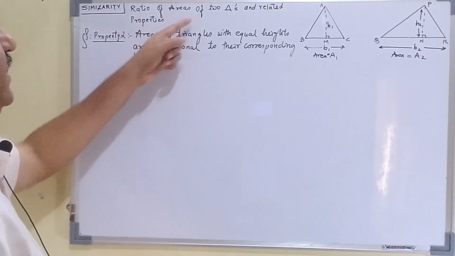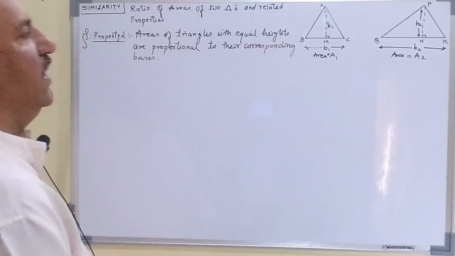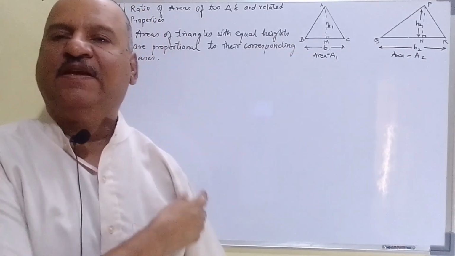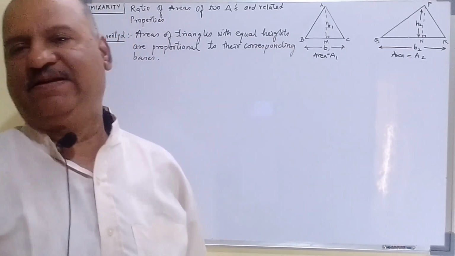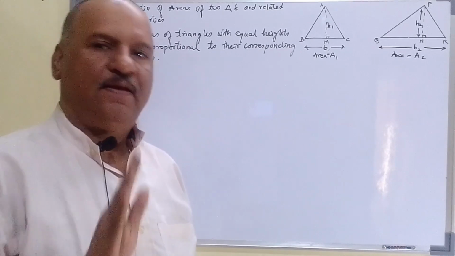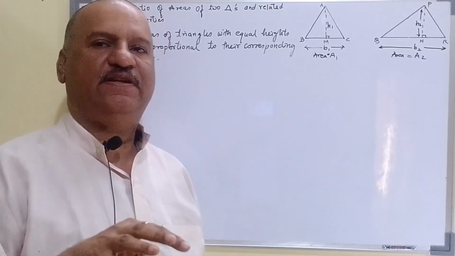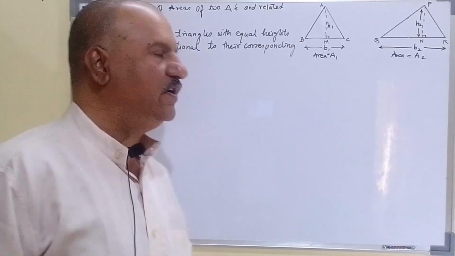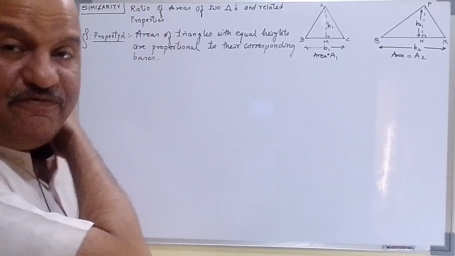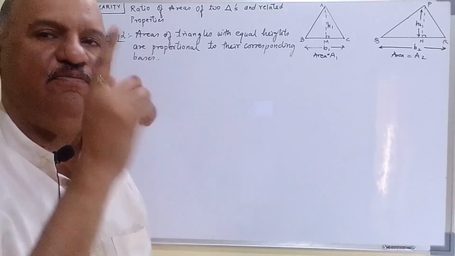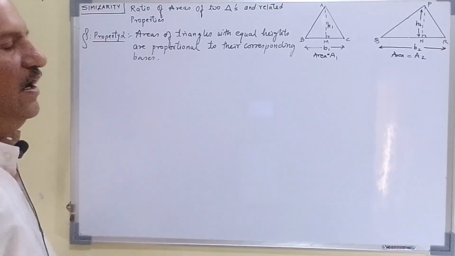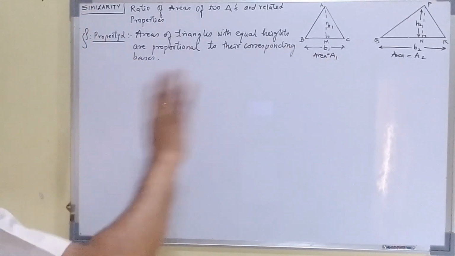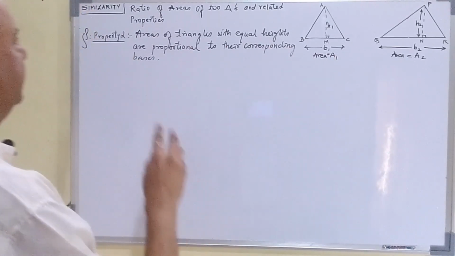Under this heading, please see these two triangles. They are not similar. I told you I am not going to teach you similarity at present. Even though we are in a similarity lesson, we are not directly going into similarity. We are understanding the ratios of the triangles and then we will use it in the theorem to prove similarity, and then we will enter into the similarity concept. When I get there, I will explain that. First of all, understand all the properties.